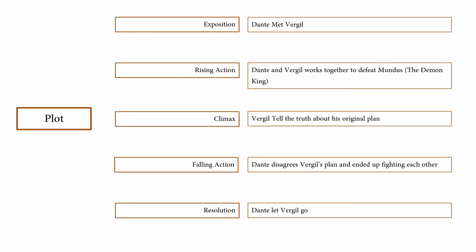In the following action, the other twin brother contested the evil plan, and they both ended up fighting each other. Finally, in the resolution, the other twin brother, who was always shown to be the bad character, turned out to be the hero.